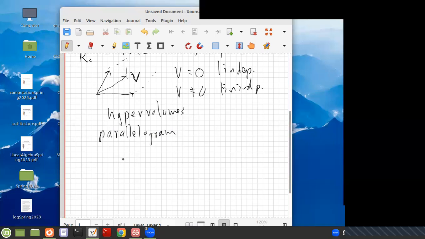Okay, so let's look at a special case, a rectangle. Say here's some coordinate axes that define some directions. And then let's look at just a simple case of, say, this vector here.